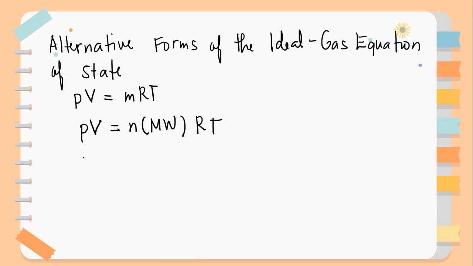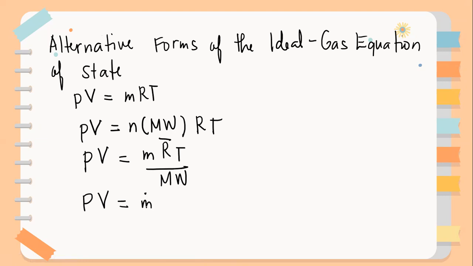Then we have PV is equal to m R bar T over the molecular weight. PV is equal to mass flow rate times RT. Remember that M with a dot is the mass flow rate.